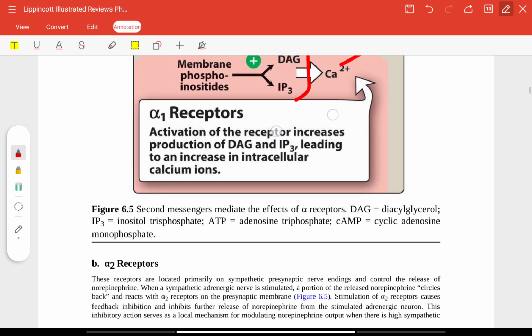Now you can see here alpha 2 receptors, they are located on sympathetic presynaptic nerve endings, as we have studied in the above diagram. When it is stimulated, it gives an inhibitory feedback mechanism to further stop the release of norepinephrine.